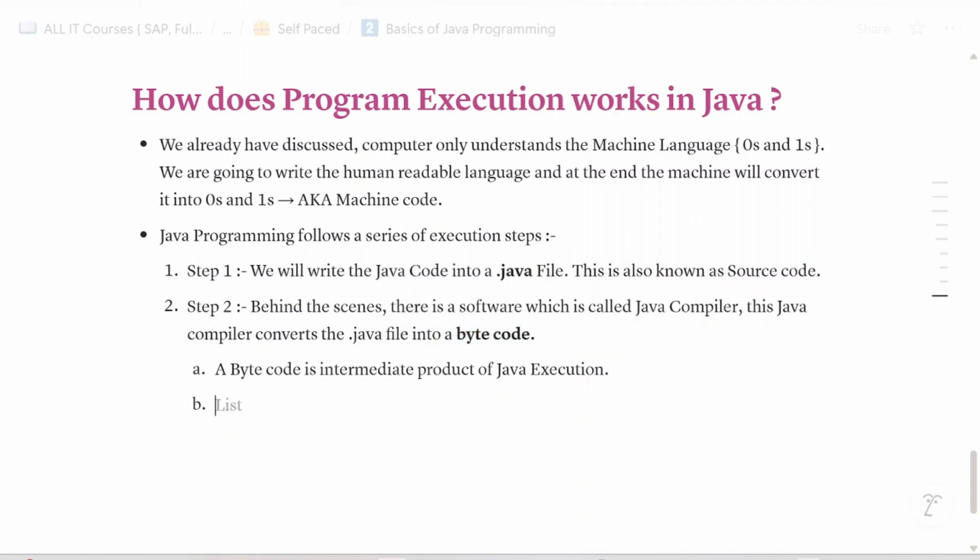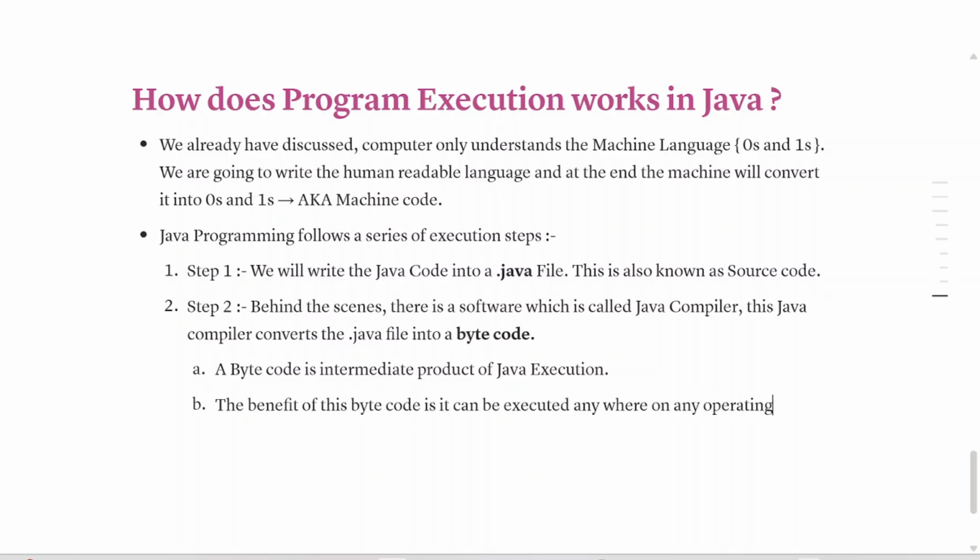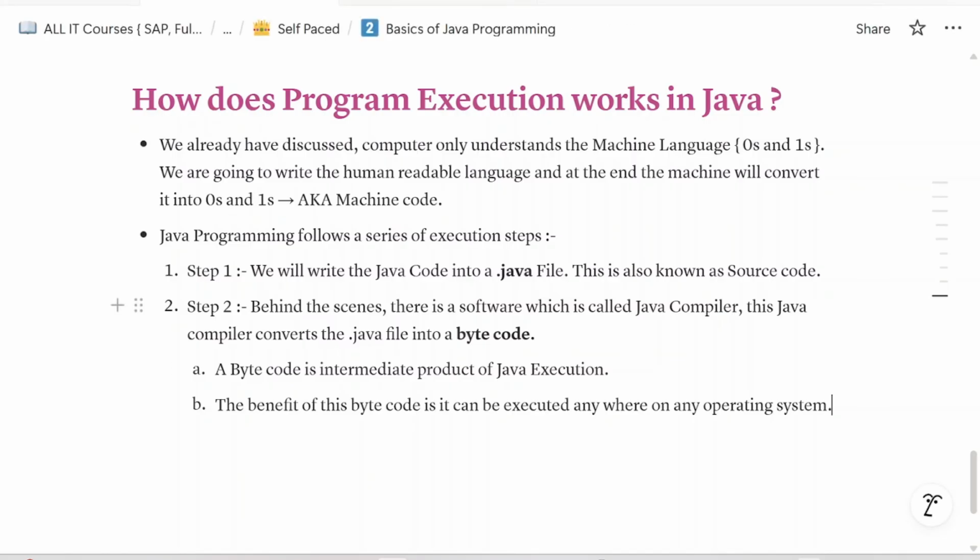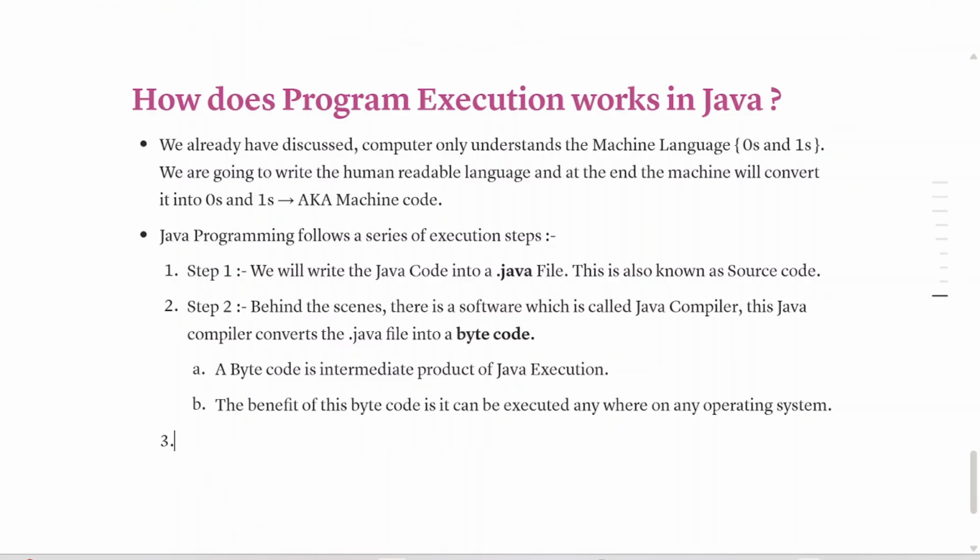The benefit of this bytecode is it can be executed anywhere, on any operating system. This is a very important stuff. I will discuss that part. But right now, step 2 is where we convert our Java file into a bytecode.